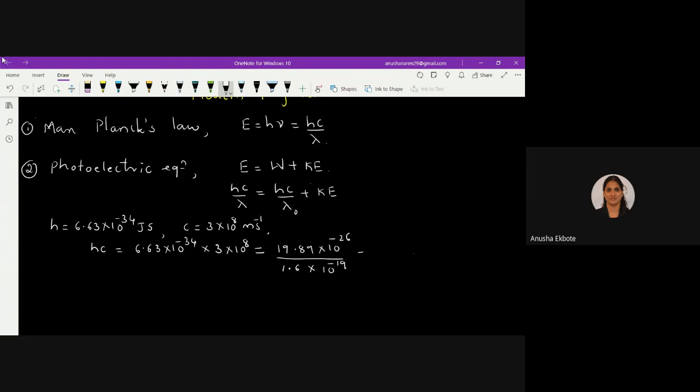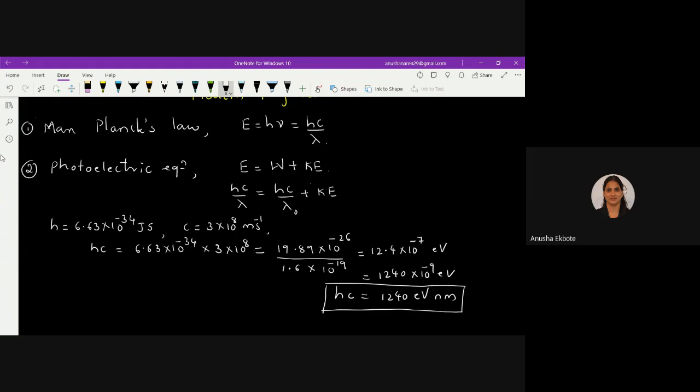So when you do this, your answer is 12.4 into 10 raised to minus 7 eV meter, which we can write as 1240 into 10 raised to minus 9 eV meter, or simply 1240 eV nanometer. So we will remember this value, and whenever you want to solve the numericals where you get this product, you are going to directly substitute this value without wasting any time.